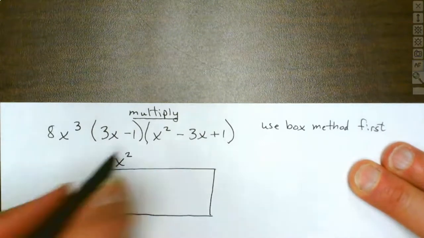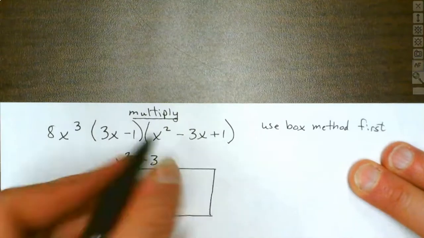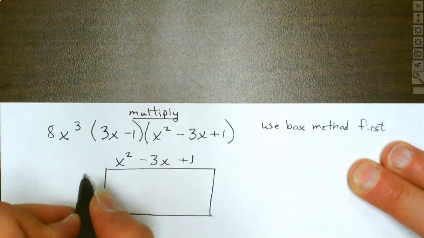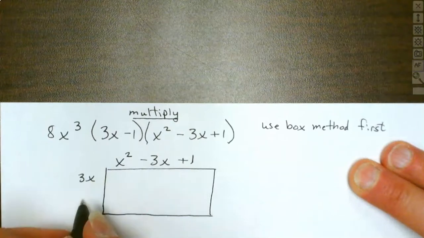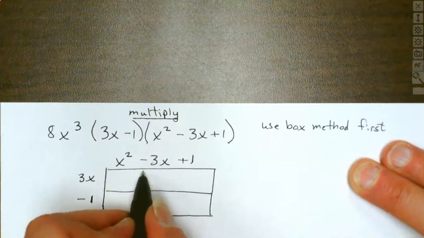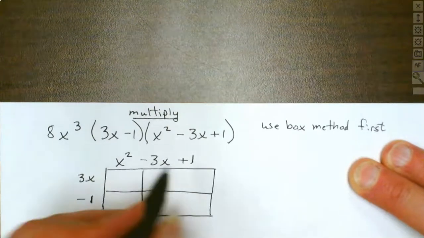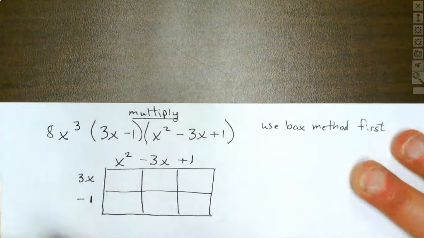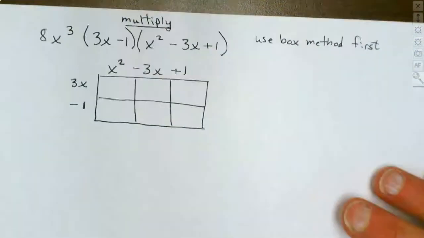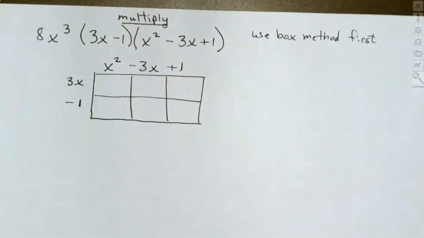So that's x squared minus 3x and plus 1. And then we've got the 3x and the minus 1 goes down the side. So that 8x cubed out in front, all we're going to do with that is bring it down. So we're going to use the box method first and then bring the 8x cubed down at the end.